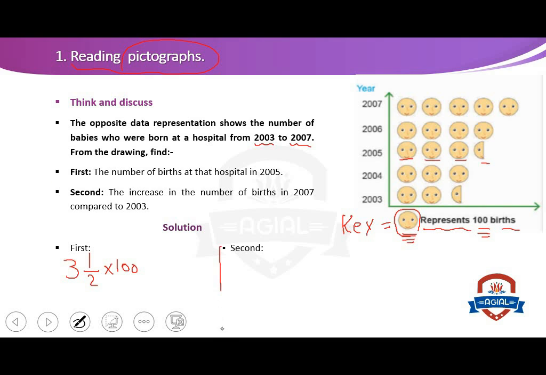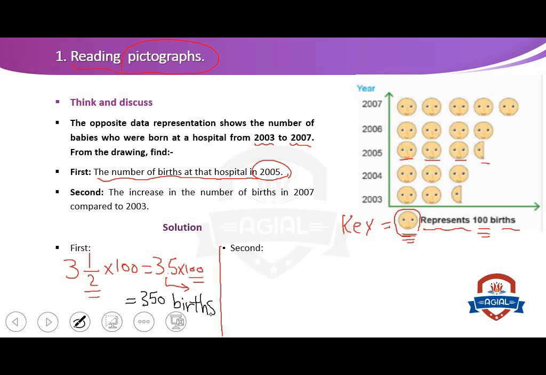We can replace 1 over 2 by 0.5, so we have 3.5 times 100. And we had studied that if we need to multiply decimals by 10 or 100 or 1000, we have to move the decimal point 2 places to the right. So the number of births at this hospital is 350 births in 2005.